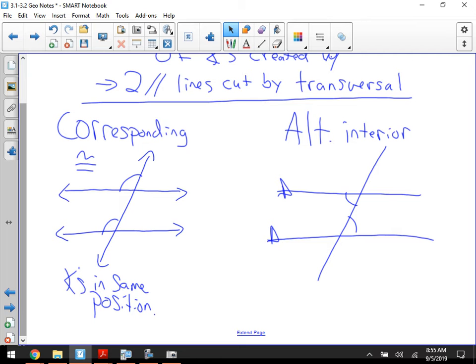Inside, opposite side. 4, 6: inside the lines, opposite side. 5, 3: inside, opposite. So inside, opposite sides. These guys are also congruent.